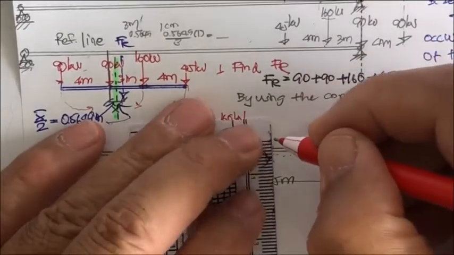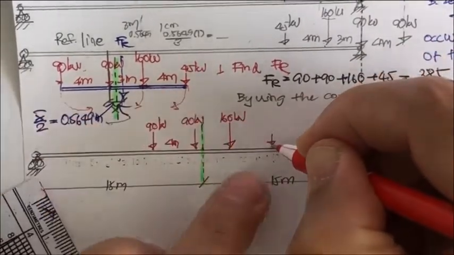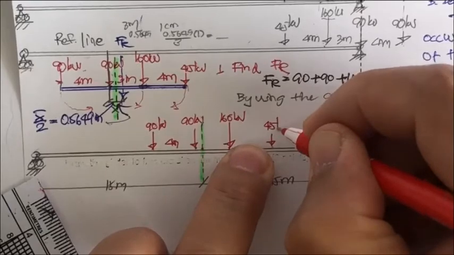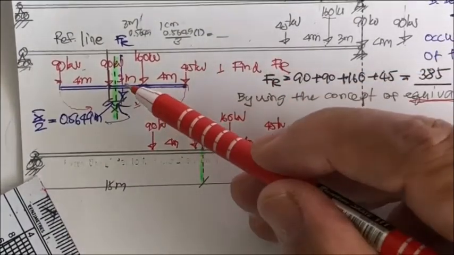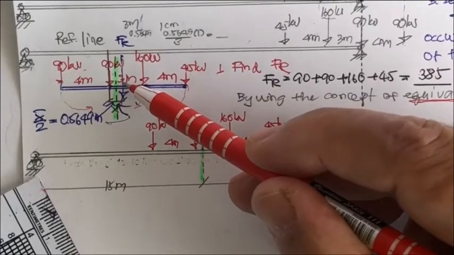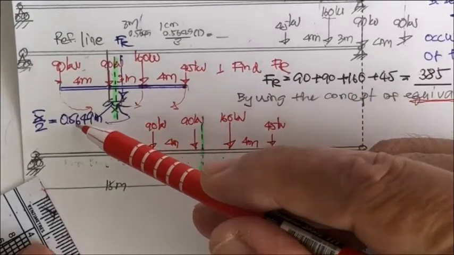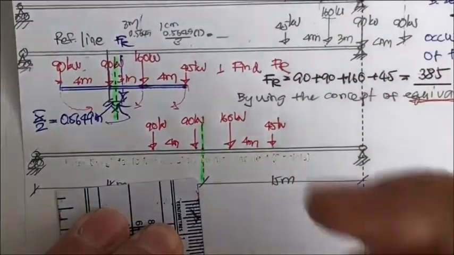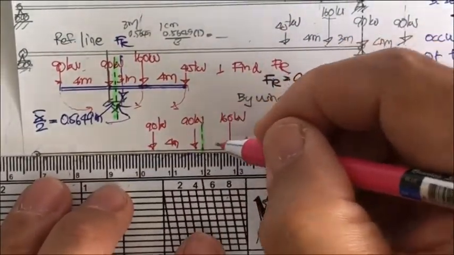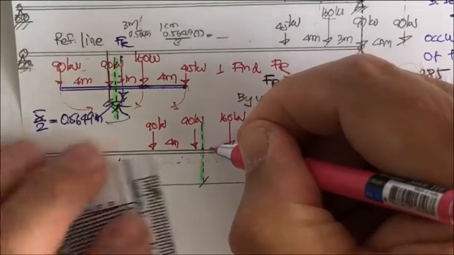About. You put this one for the scaling. That is going to be 45 kilonewton. And then this 4 meters. Okay. And you also have the F sub R here. That is going to be 0.5649, by scaling of this, about this.